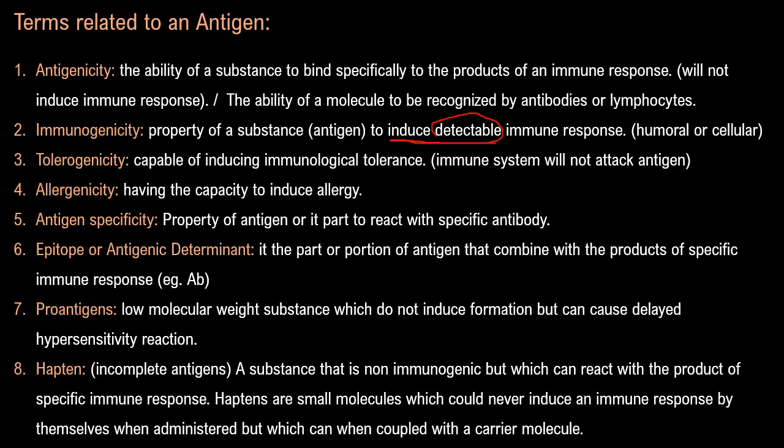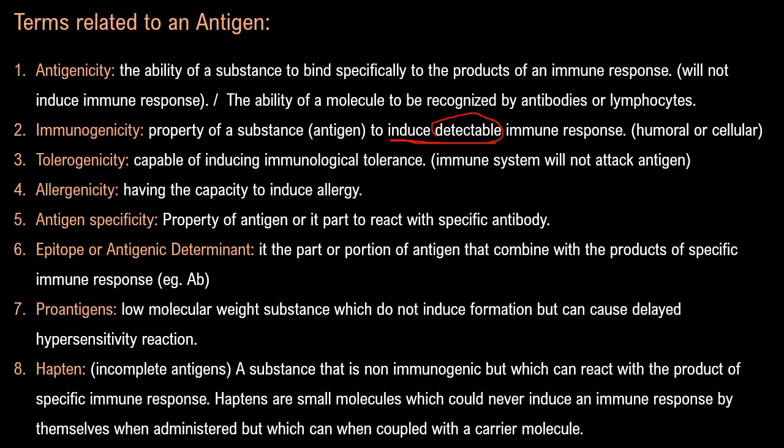The main difference is that they are low molecular weight substances, low molecular weight antigens, which induce a delayed hypersensitivity reaction. And last is hapten. You can also write it as incomplete antigens. A hapten is a substance that is non-immunogenic but can react with the products of specific immune responses.